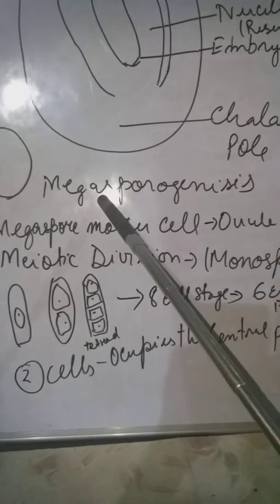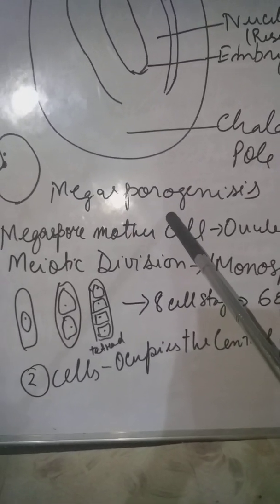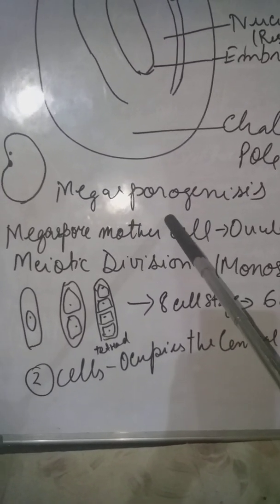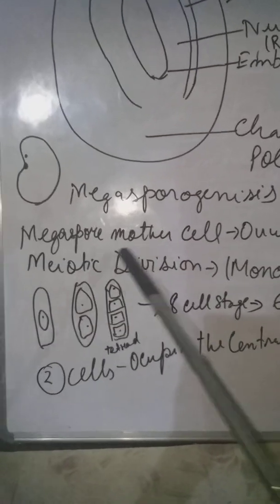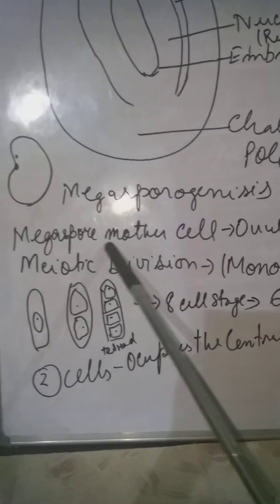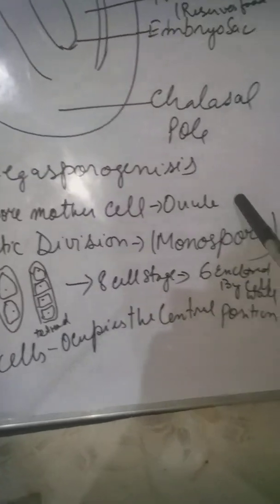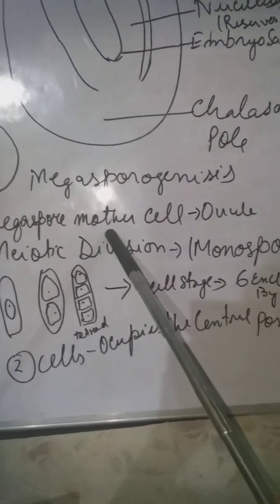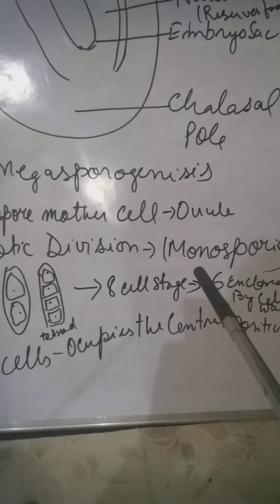And we will be dealing with the process of megasporogenesis. Now what is megasporogenesis? It is the process that leads to the production of the megaspore mother cell. Now the gynoecium in plants is generally monosporic.